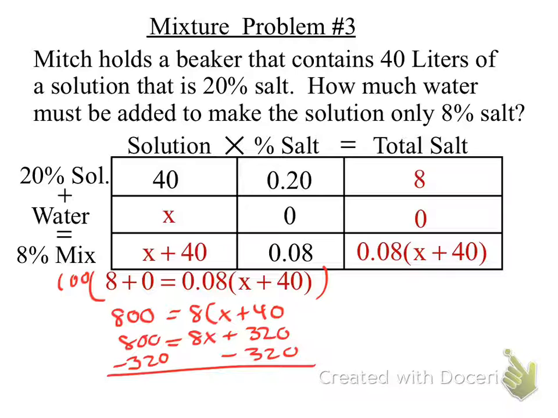And we get 480 equals 8x. Divided by 8, x equals 60, right? So this would be 60 liters of water mixed with 40 liters makes 100 liters. And so the question is, how much water must be added?